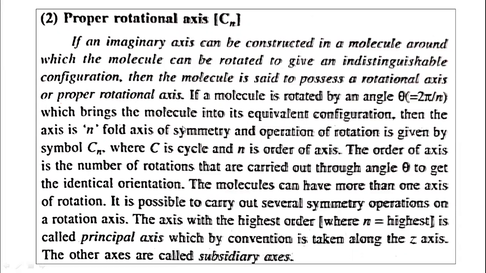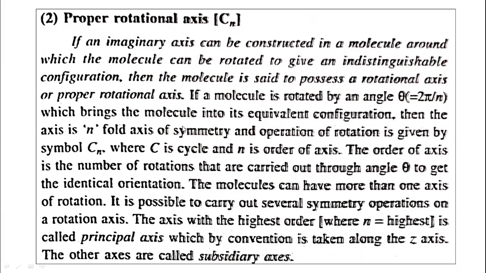So if an imaginary axis can be constructed in a molecule, around which the molecule can be rotated, or if we draw a line through that molecule and along that line the molecule can be rotated to give an indistinguishable configuration, then the molecule is said to possess a rotational axis or proper rotational axis.